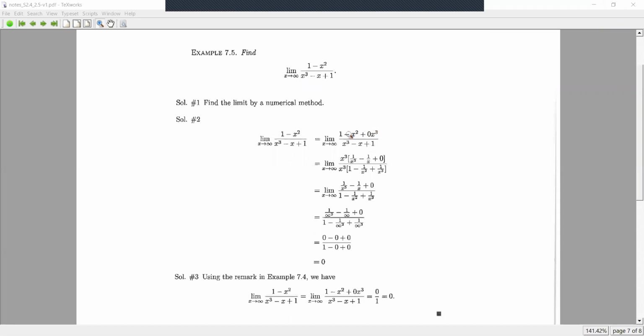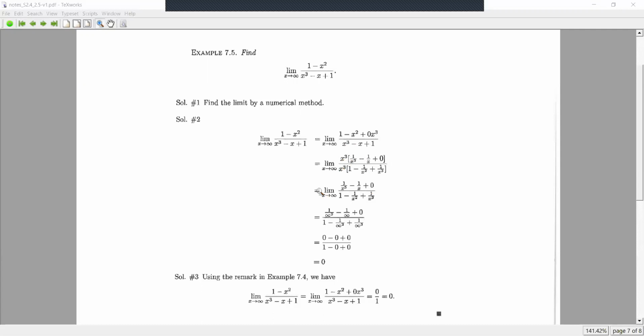To simplify this function, I take the highest power out. The highest power on the top is x to the third. I take x to the third out. And the power at the bottom is x to the third. I take it out. Then cancel x to the third from the top and from the bottom.